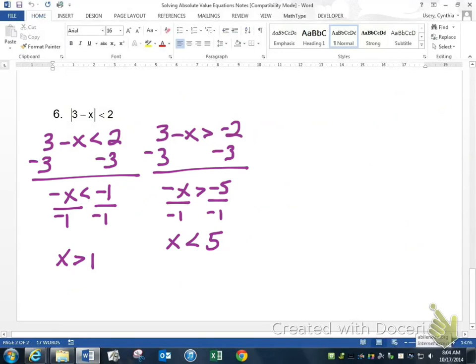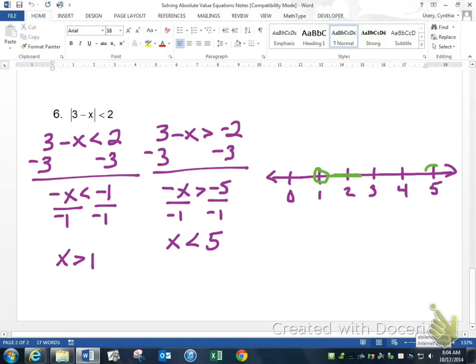Okay, I got x is greater than 1 and x is less than 5. And then we need to ask ourselves, can we be both? Can we be greater than 1 and less than 5? And if you can't tell just by the numbers, it's really easy if you graph it. So I am going to do x is greater than 1, so that would be an open circle on 1, and I would go this direction.